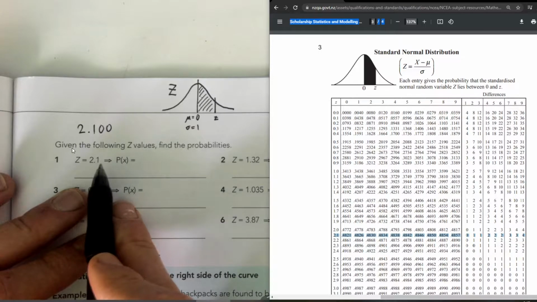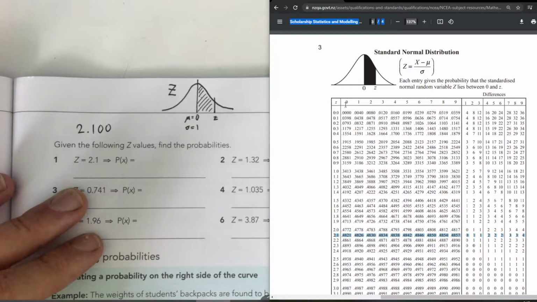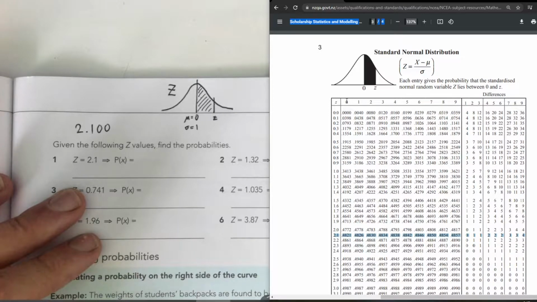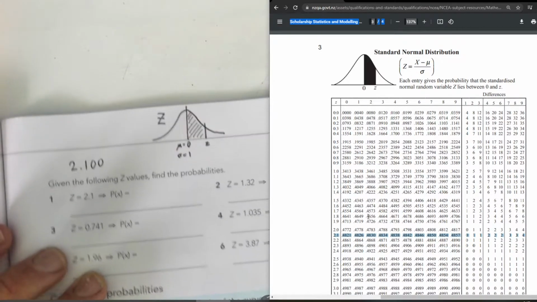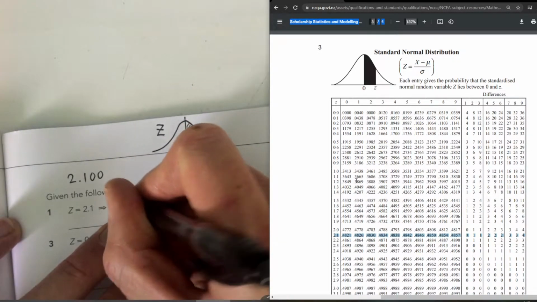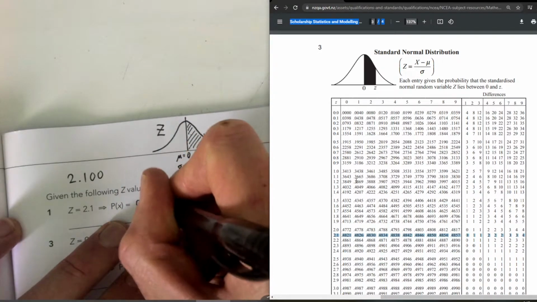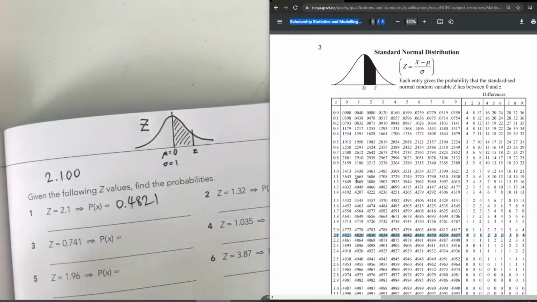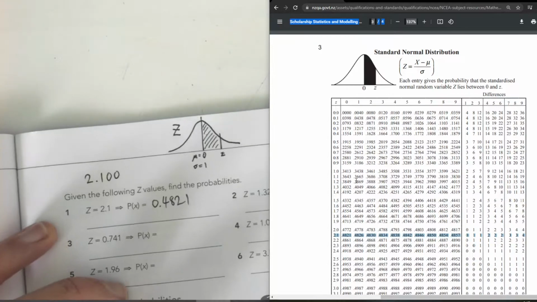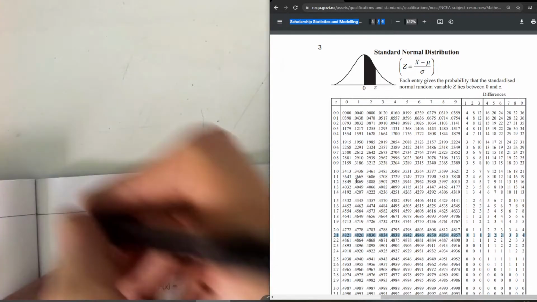We go to the 0 column, which means we're looking at 2.10, and that finds us the probability 0.4821. So that's the answer, 0.4821.